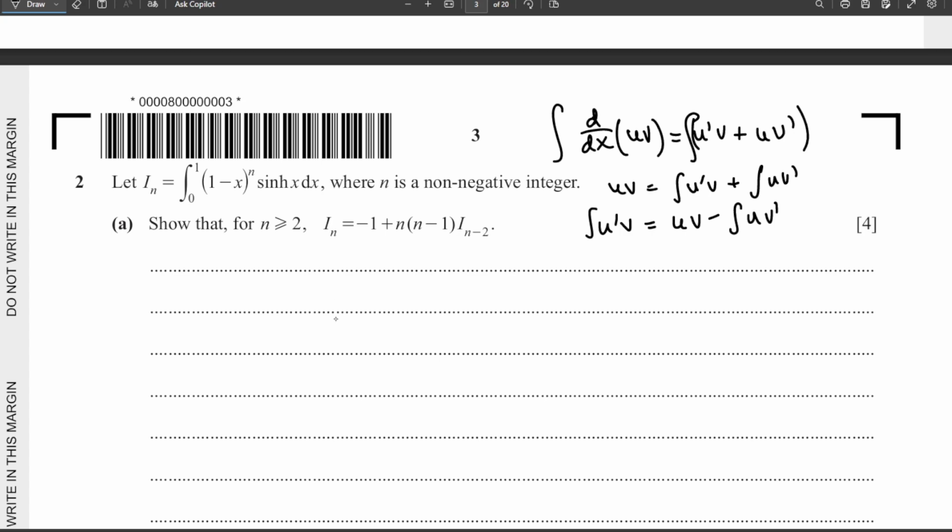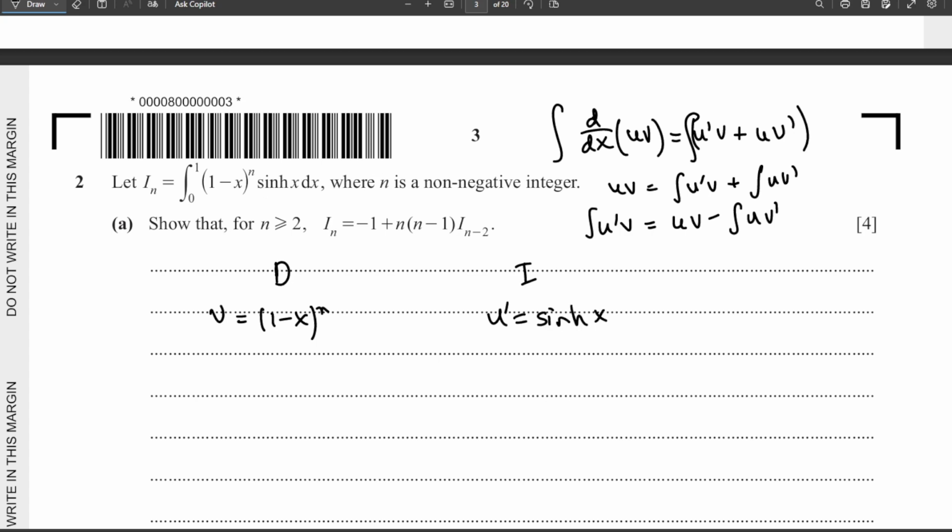So let's just do that first. D stands for differentiate, I stands for integrate. So first I will differentiate the v, that means v will be (1 minus x) to the power n, and u prime will be the hyperbolic sine function.